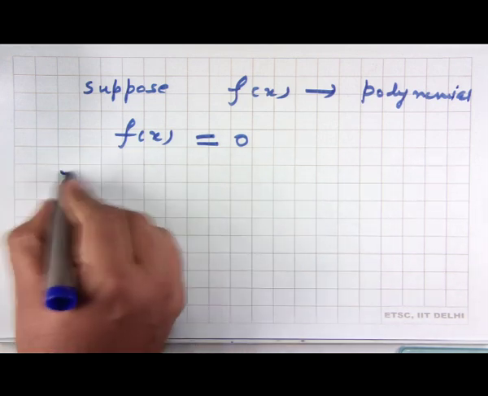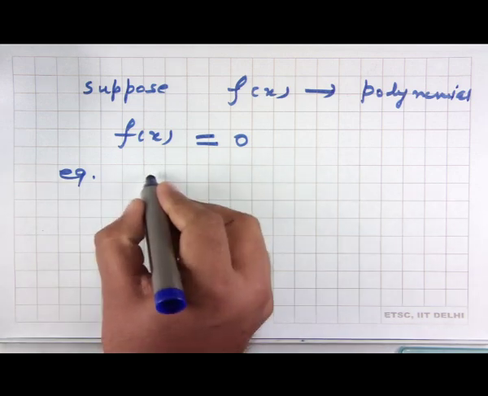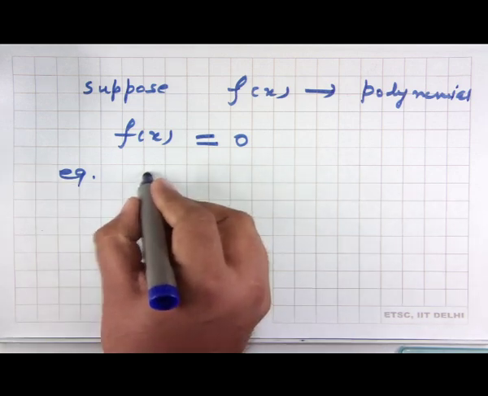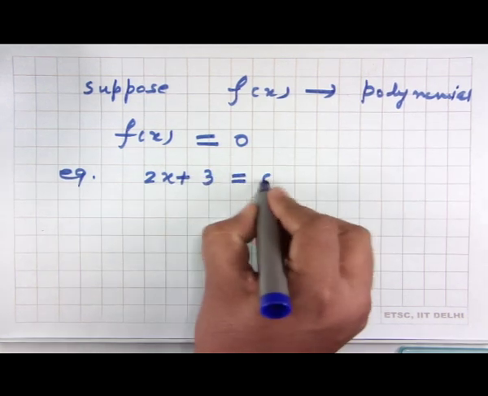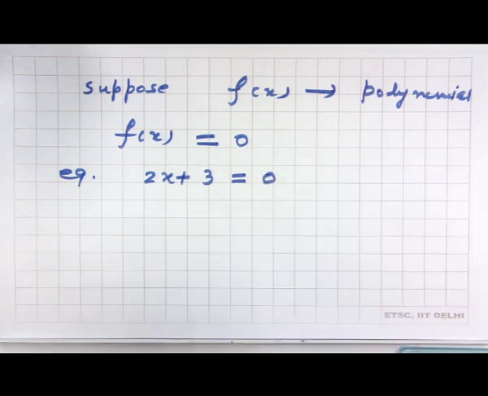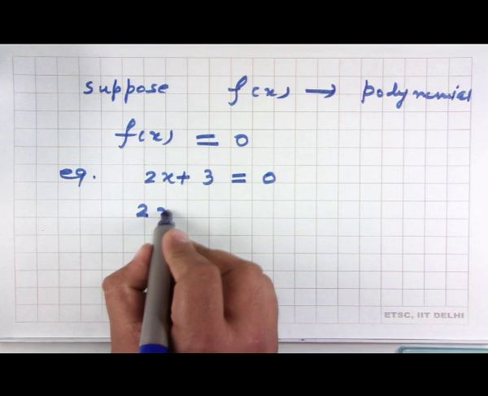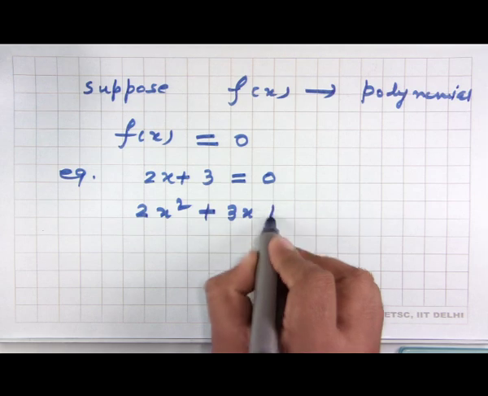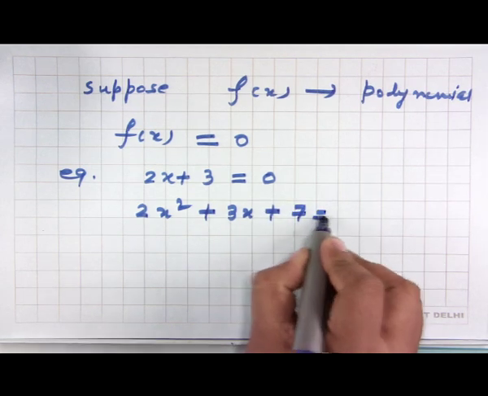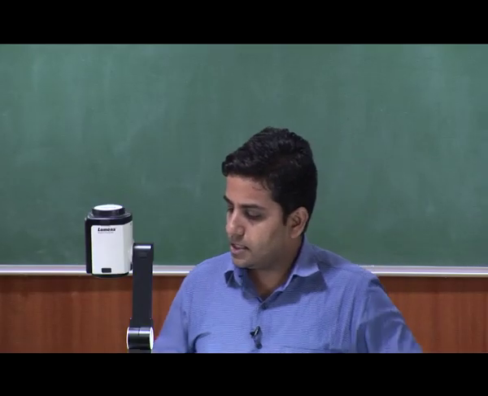Same example, suppose if we want to write a linear equation, then it is 2x plus 3 equals 0. It is an example of a linear equation. Now an example of a quadratic equation: 2x square plus 3x plus 7 equals 0, because f(x) equals 2x square plus 3x plus 7 and it is 0.